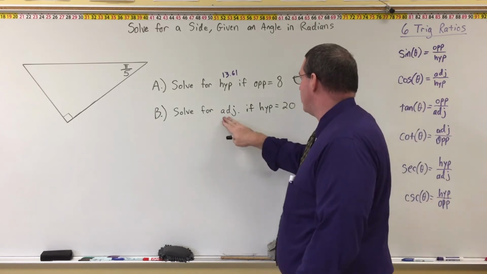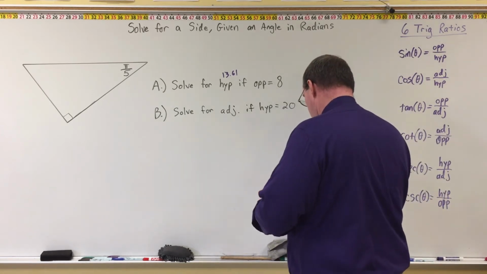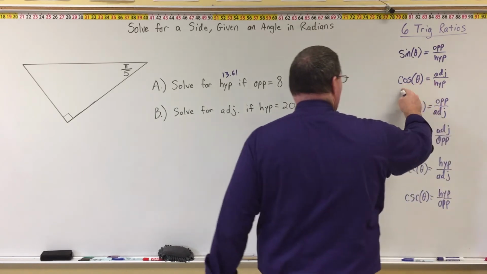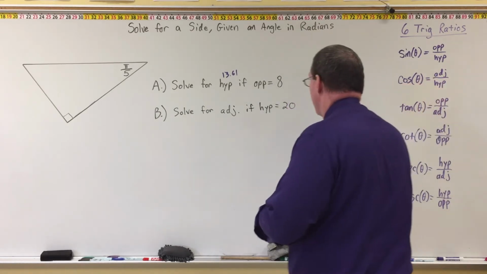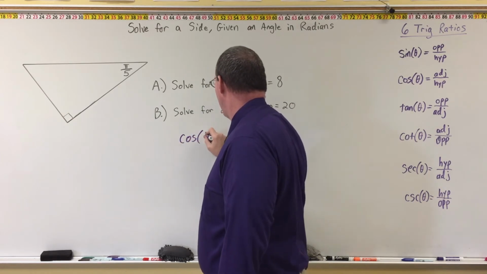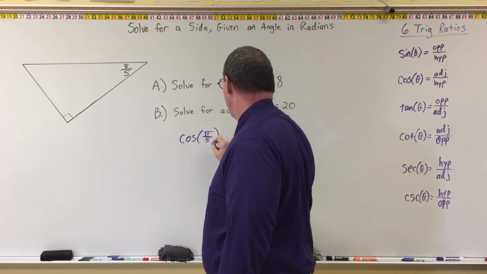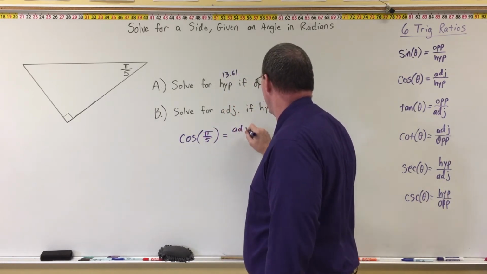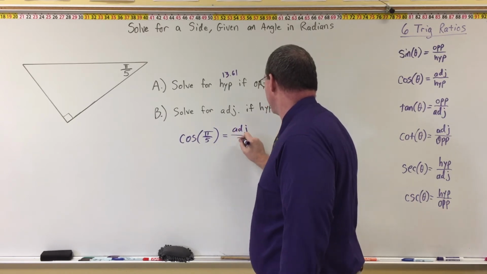Okay, so we've got adjacent and hypotenuse. So we know that we're going to need a cosine, right? Adjacent and hypotenuse. So it's going to be cosine of pi over 5 radians is equal to adjacent over hypotenuse, which is 20.